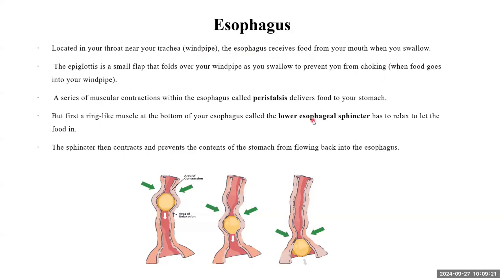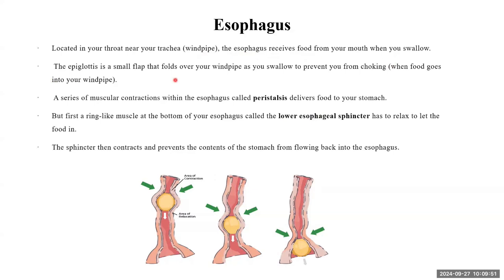Then the epiglottis is basically a small flap that folds over the windpipe as you swallow to prevent food from entering it. So basically, in your throat, there are two passages. One is for digestion, or intake of food. The other one is to breathe. Our nasal cavity from behind and oral cavity from behind both open into the throat. So then there are two passages.